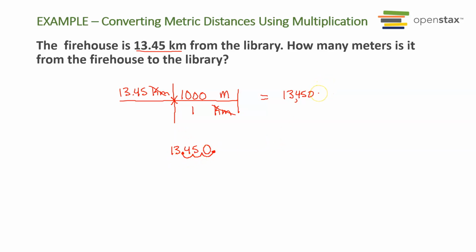And so that's how we got 13,450, and this is meters, so it would be an M, or we could spell out the word meters. So that's how we convert 13.45 kilometers to meters, either by multiplying by 1,000, which is really just the same thing as moving the decimal place 3 places, because our numbers are in base 10.